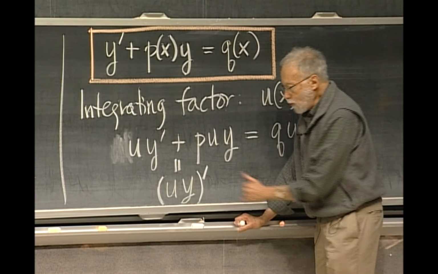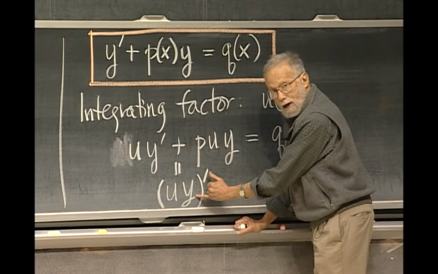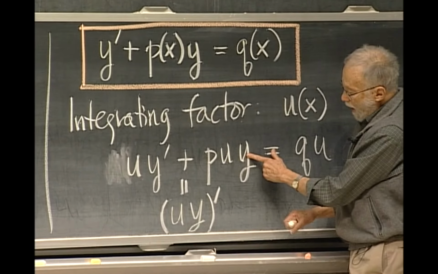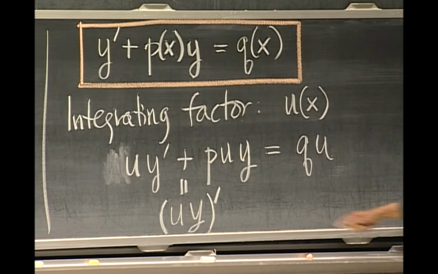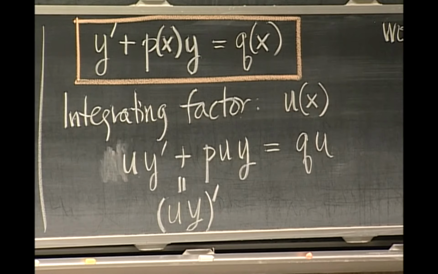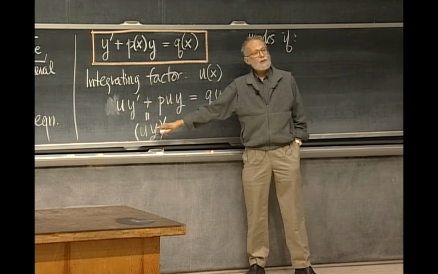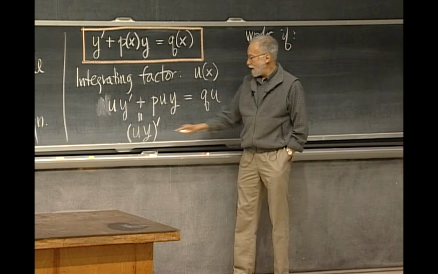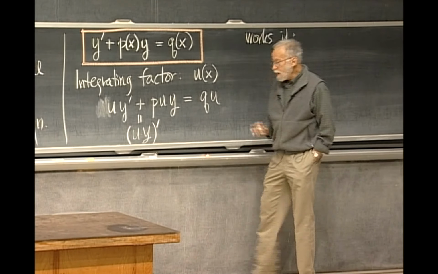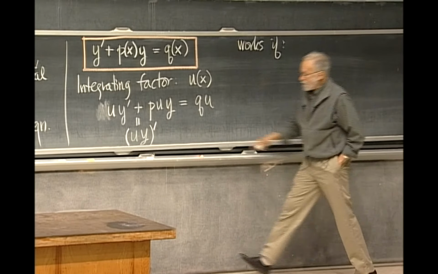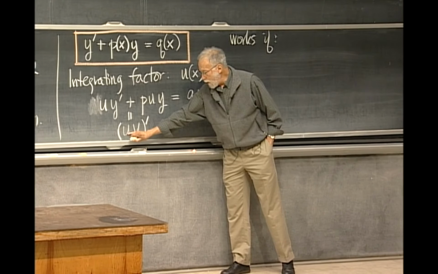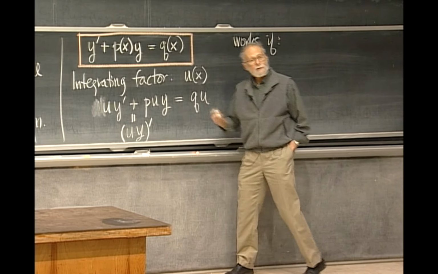The second term would be u prime times y. Well, I've got the y there, so this works if, what's the condition that u must satisfy in order for that to be true? It must be that after I do the differentiation, u prime turns out to be p times u.